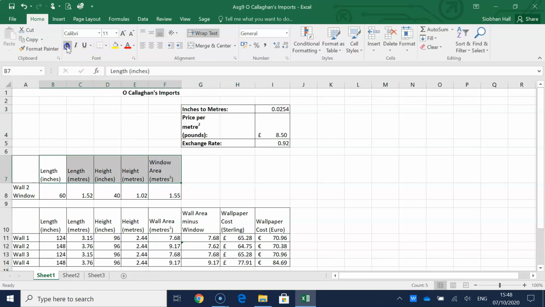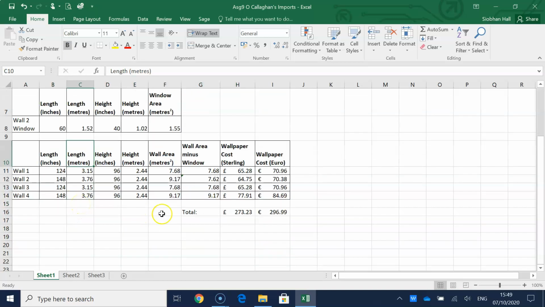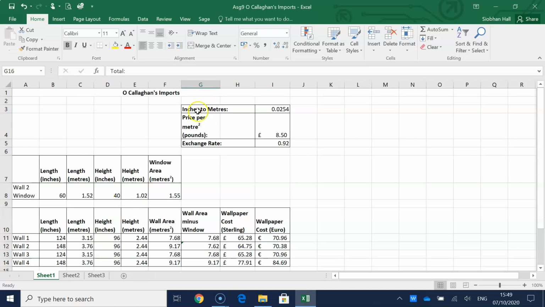So we're just making bold the headings and some of the side headings. So something like length in inches, length in meters, they're column headings, but something like the word total is referred to as a side heading. And these really would be side headings.